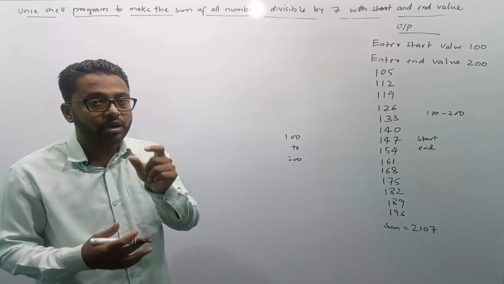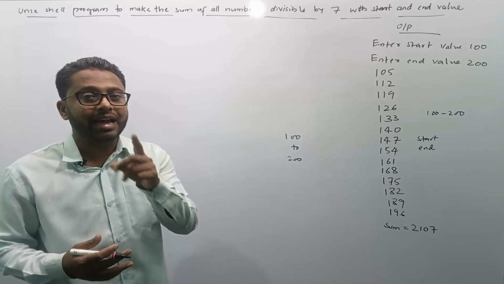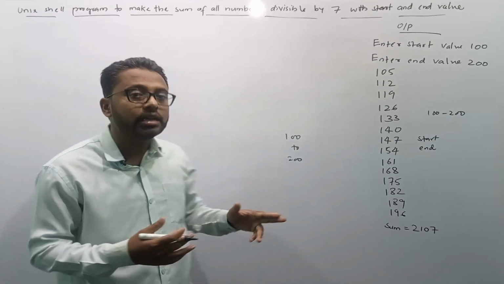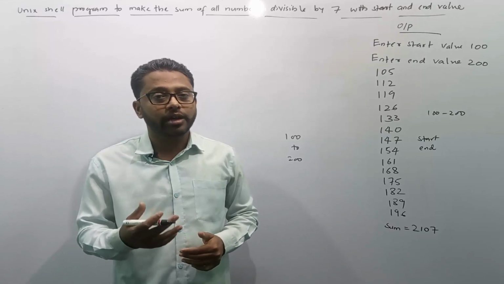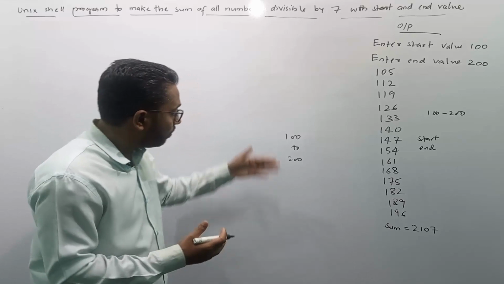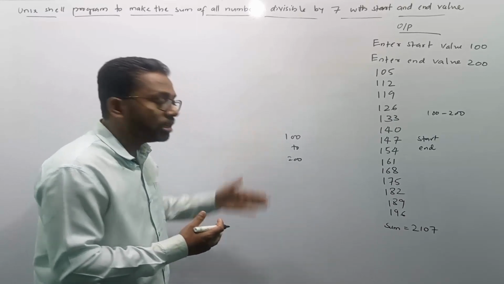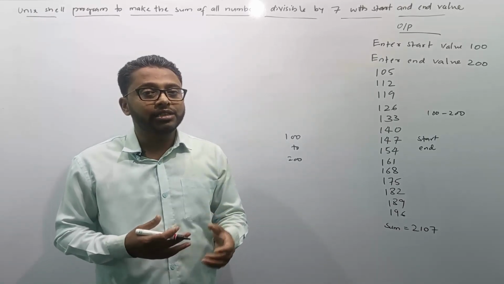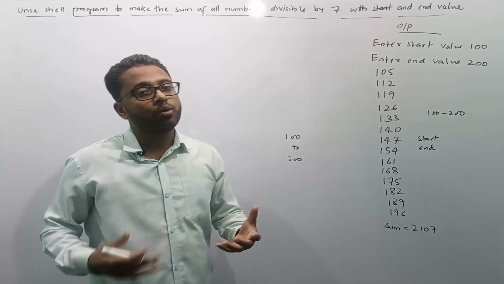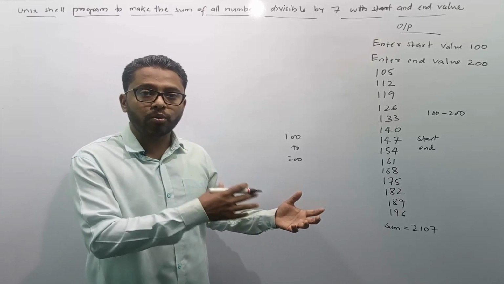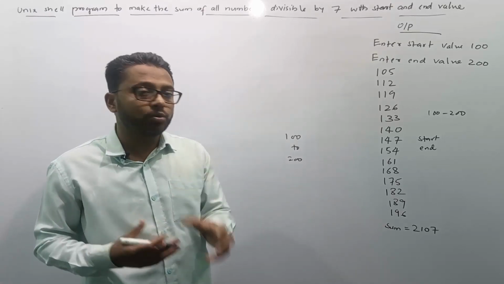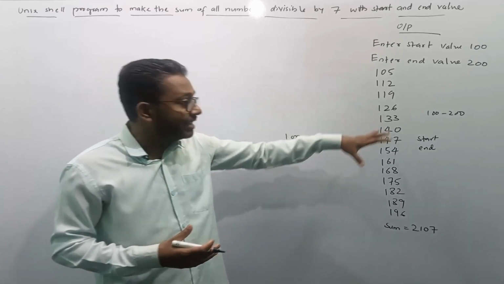That means we are performing a specific task, and that task is checking whether a number from 100 to 200 is divisible by 7. So this task we keep on doing again and again for each and every number from 100 to 200. That means we should use a looping construct, whether it can be a for loop or while loop. I will be going with for loop. So with this we come to know that we should use for loop to get this output.